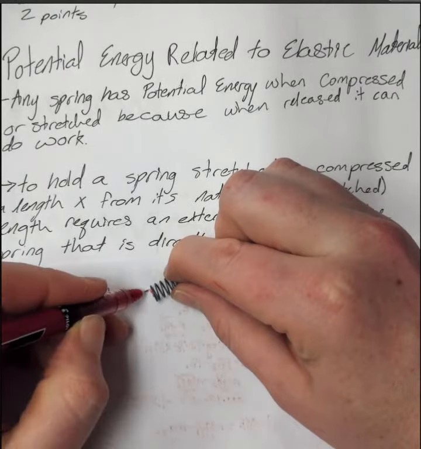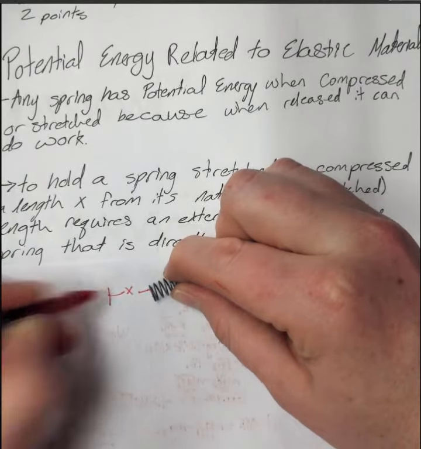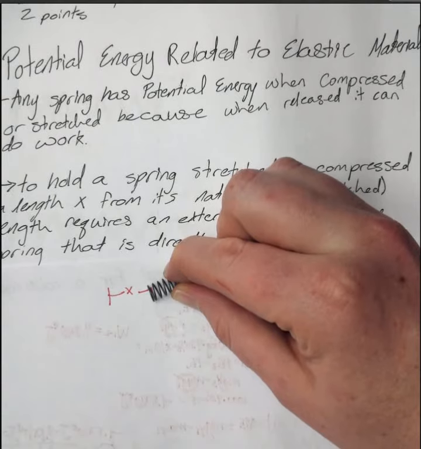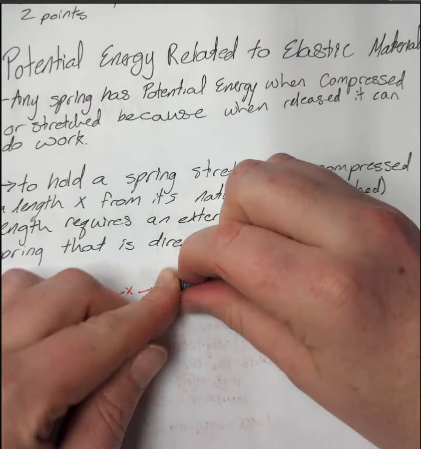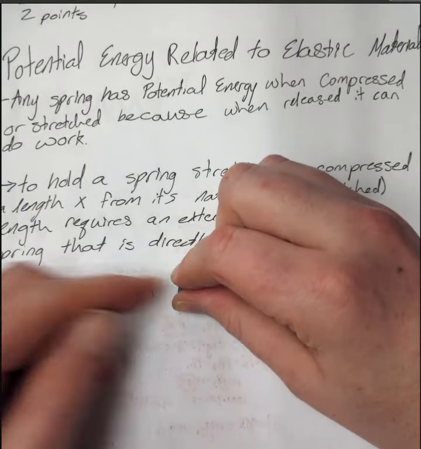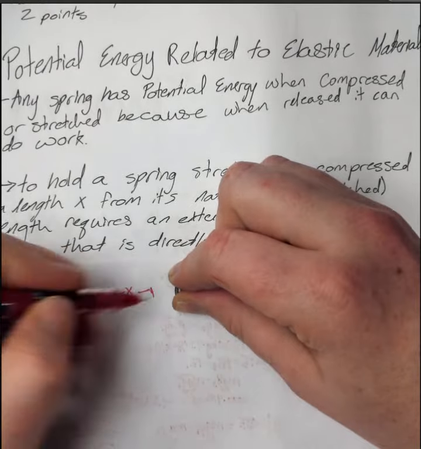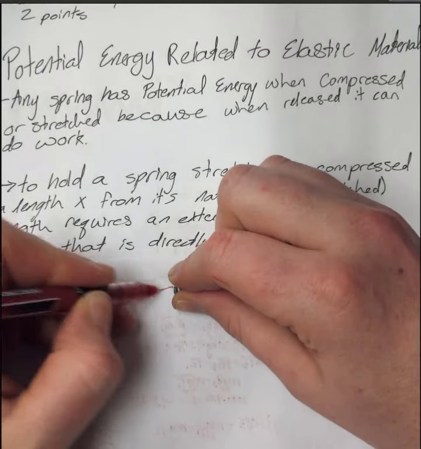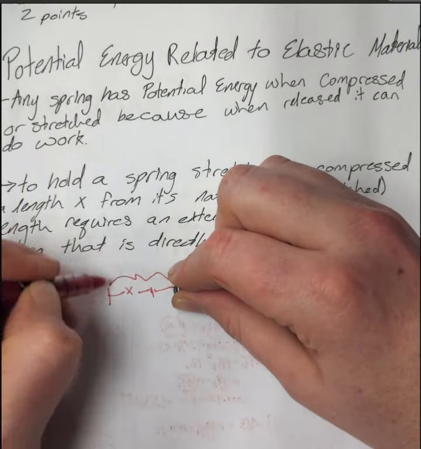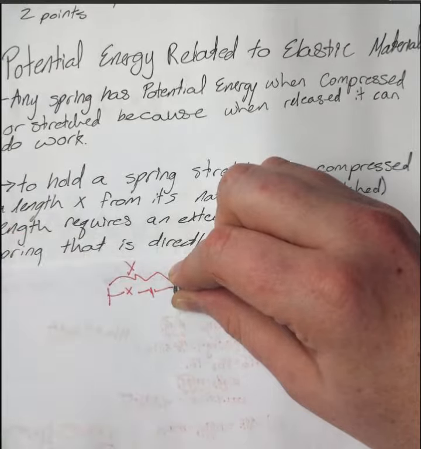I compressed it this amount, and the force that I had to apply was proportional to how much I pressed it. If I press it more, I actually need to apply more force because I have a greater x value.